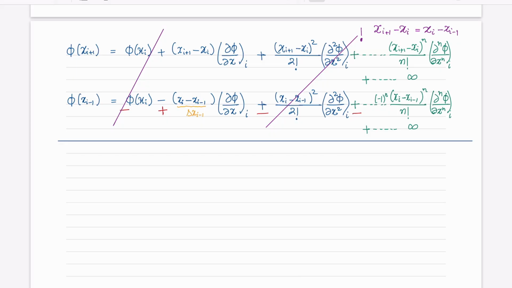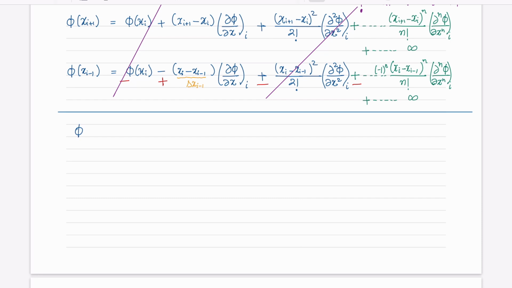But for simplicity, and to help you understand how these numerical methods work, let's take this as 0. So if we subtract this, on the left hand side we get phi of x(i+1) minus phi of x(i-1), and over here we get 2 times, assuming that x(i+1) minus x(i) is equal to this particular quantity, which I'm going to represent using delta x, and this becomes del phi over del x at i.